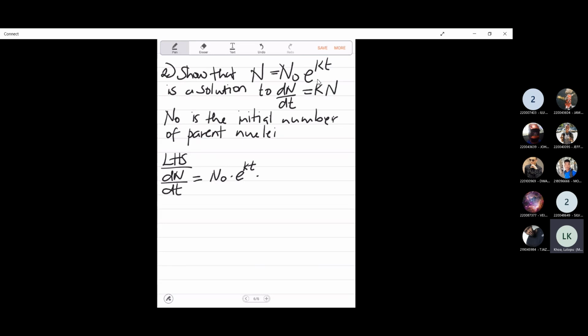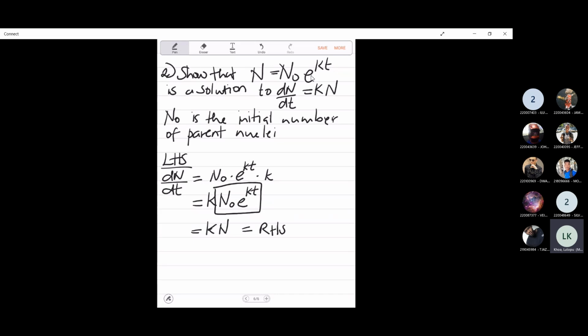And then we multiply by the derivative of kt, which is k. So this is k times N naught e to the power of kt, and you can see that this part over here is N. So this is equal to k times N, which is equal to my right-hand side.